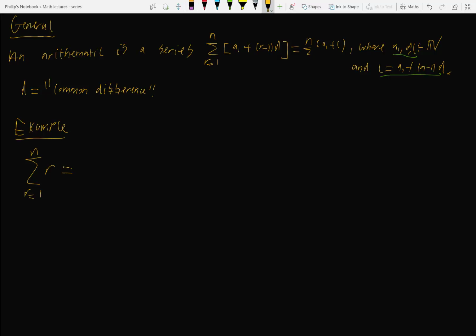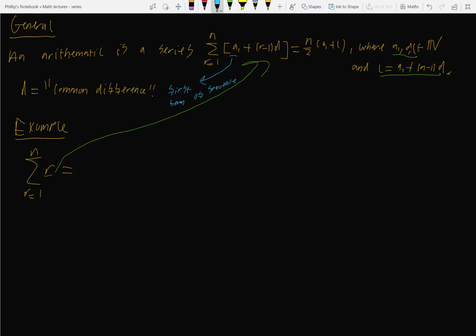Well, we need to get this in terms of that. So we need the first term. The first term is 1, because a1 is always the first term of the sequence.